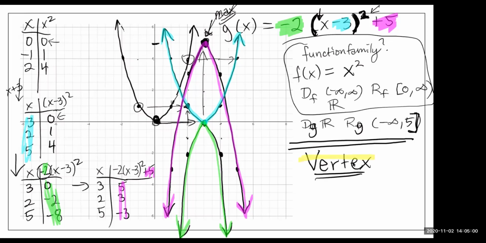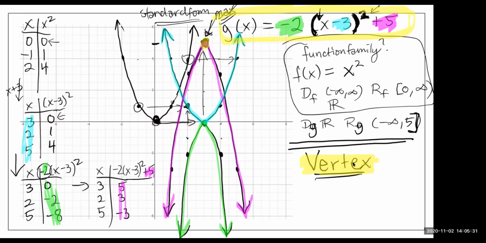So important that I'm going to make it yellow. For this g function, if it's in standard form, and this is in standard form, when it's all solved like that, I should be able to look at that standard form and know exactly what that vertex is going to be. I didn't even have to do all these transformations.